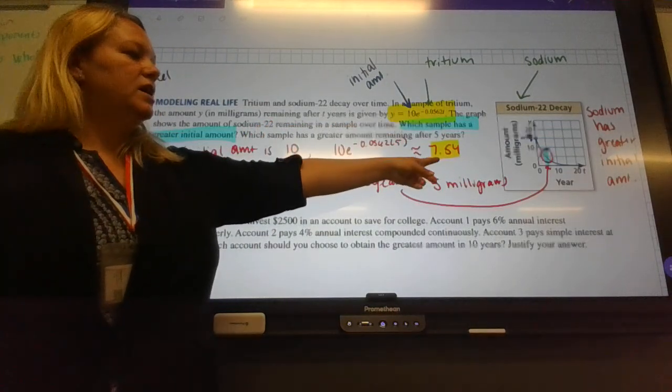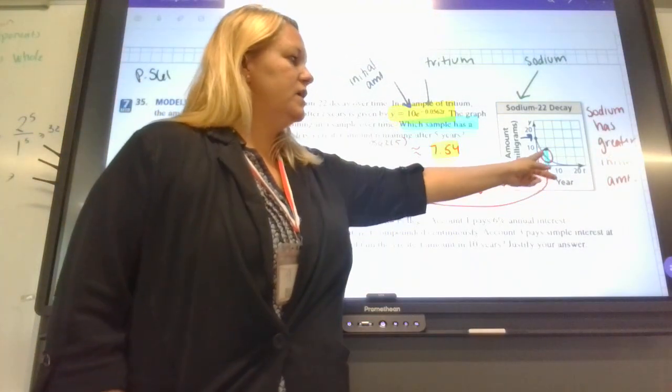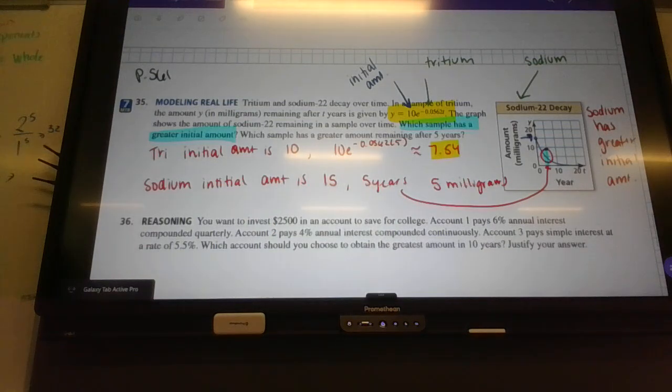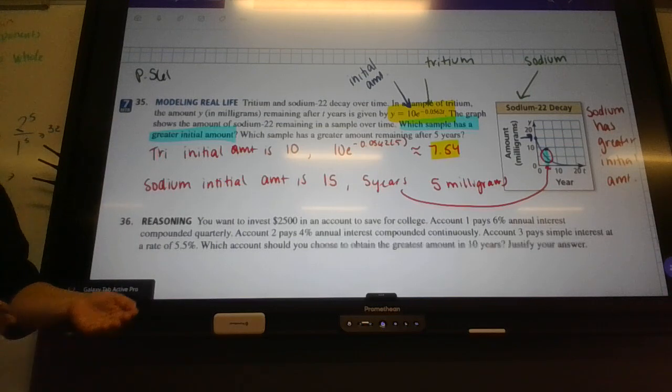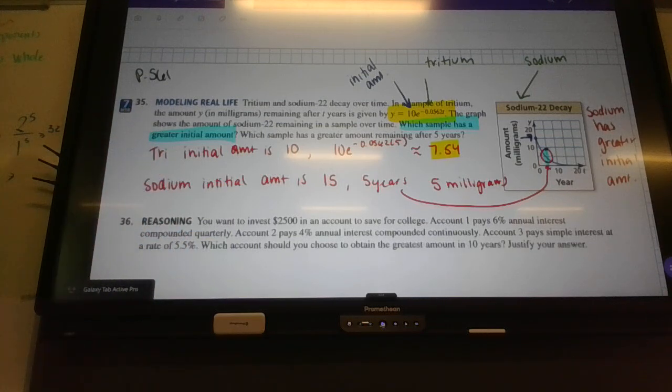Plug 5 in here and you're at 7.5. Look at the graph at year 5 and you're only at 5. So yes, tritium has more remaining after 5 years. So the decay rate of sodium must be quicker. Even though they're both decaying continuously, they're not doing so at the same rate. The sodium rate was more quickly decaying than the tritium rate.